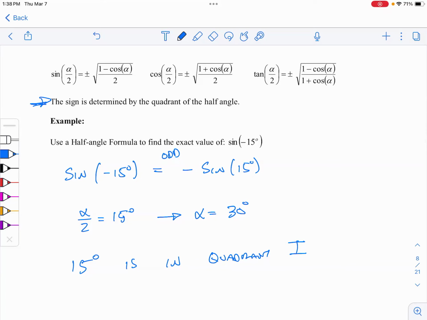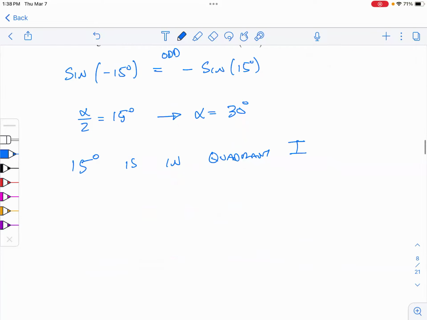This sign is determined by the quadrant of the first angle. So 15 degrees is in quadrant 1. In quad 1, the sign is positive, or negative? Positive. Everything is positive. It's quadrant 1. That's our favorite quadrant. Okay, is positive.